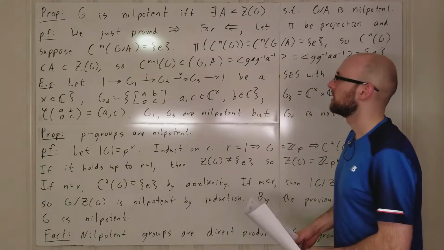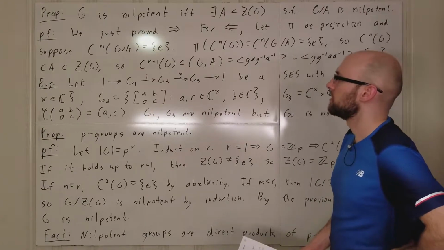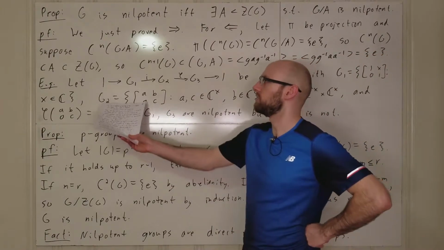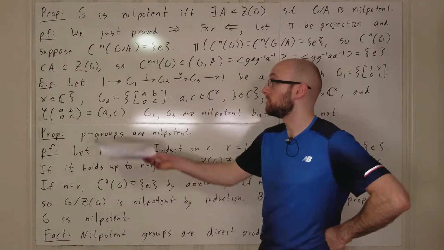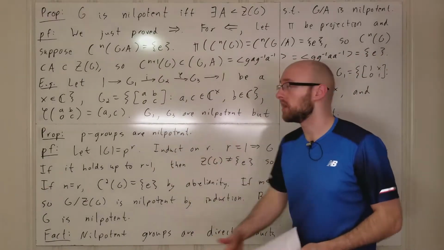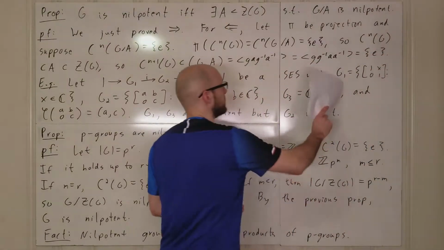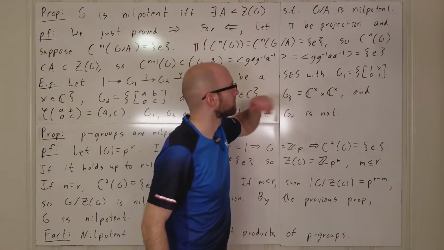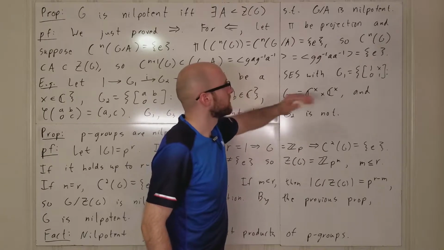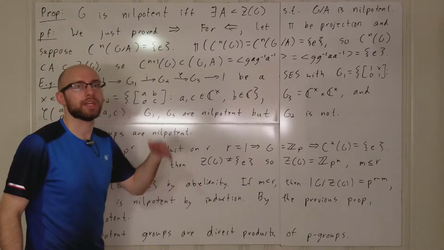And so what you prove is that C1 of G2 is G2. C2 of G2 is G1, but then you prove that C3 of G2 is just G1. Whenever you take the commutator of G1 with G2, you get G1.